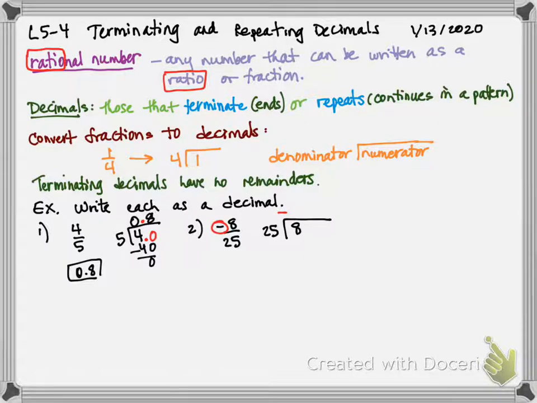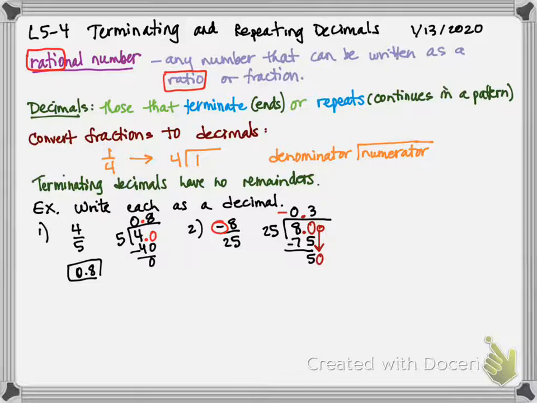So again, 25 can't go into, oops, I'm going to put that into black. There we go. And we have 25 goes into 8 0 times. That's when we put in a decimal point, bring it straight up into our quotient, and annex a 0 and continue to divide. Well, 25 goes into 83 times, which is 75. We have a difference of 5. So we get to annex another 0, just one at a time.